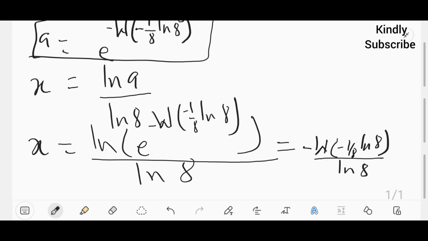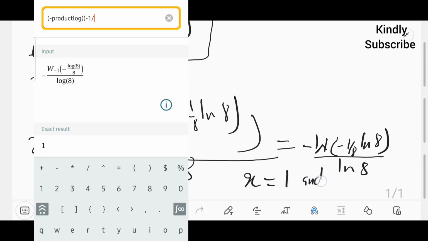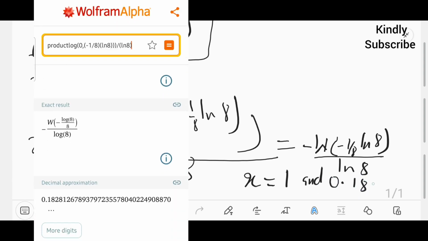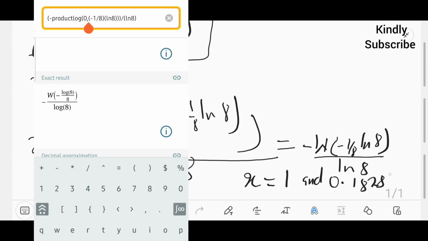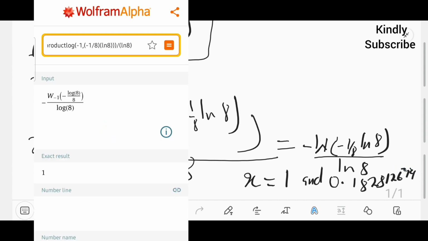Now from this point you can use the Wolfram Alpha calculator to calculate the approximate values. If you use a calculator, you will get x to be 1 and a decimal of 0.18281269. This is the value of x that you will get.